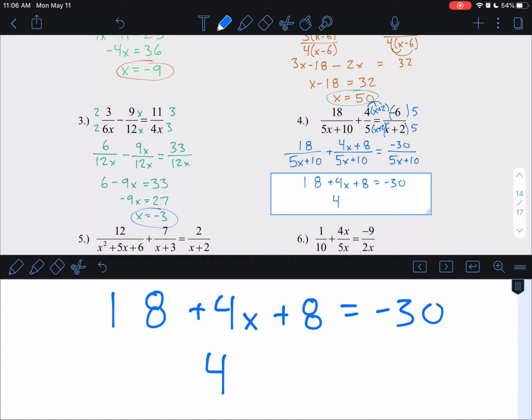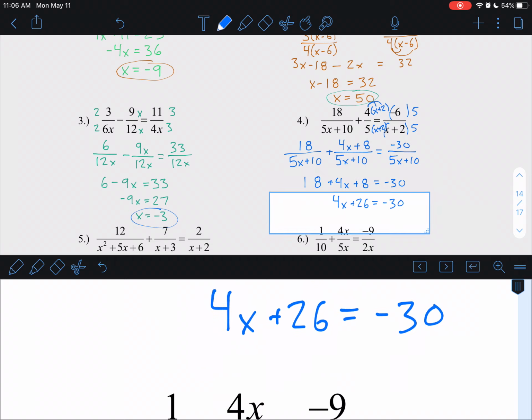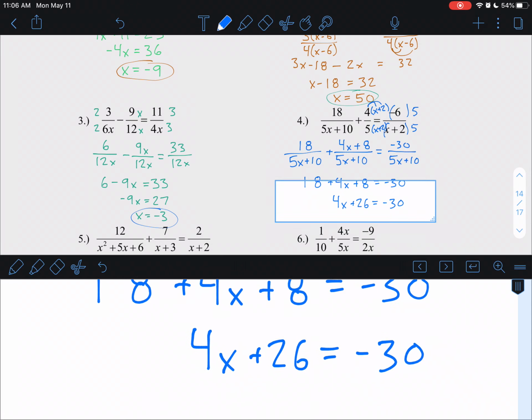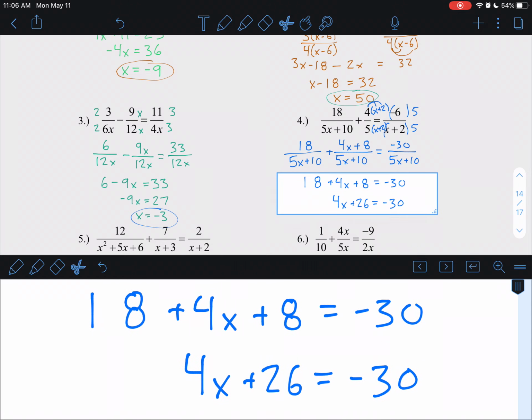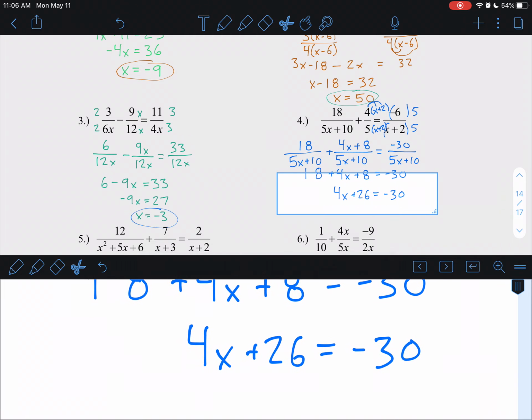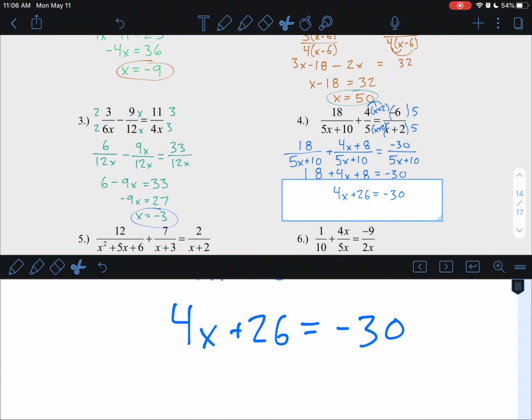So I got 4x plus 26 equals negative 30. Subtract 26 from both sides. I'm going to move this up a little bit. I overestimated how much room I had left. Okay. So subtract 26 from both sides. That will give me 4x equals negative 56.